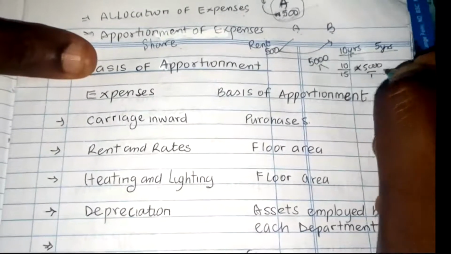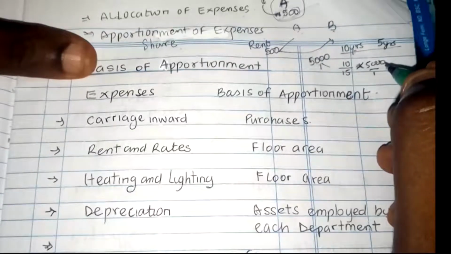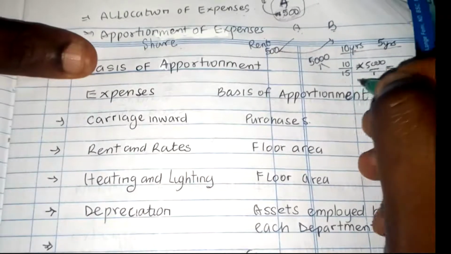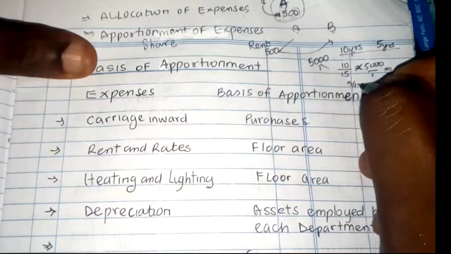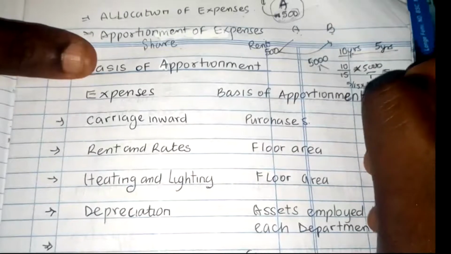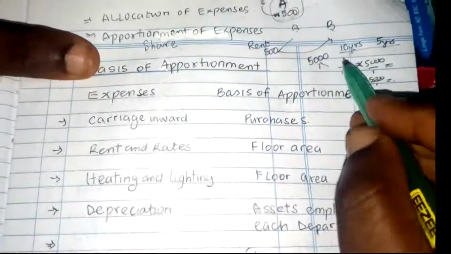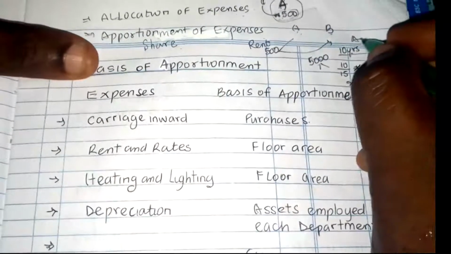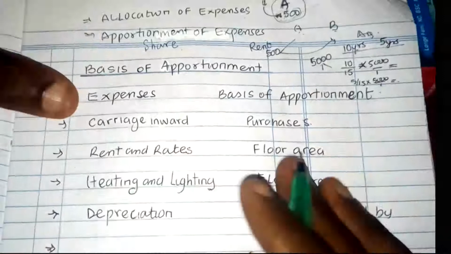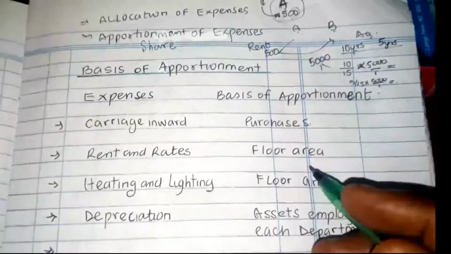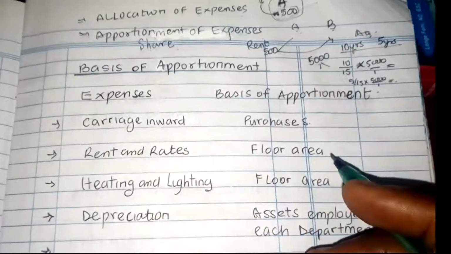Then power, we can use the horsepower to share between A and B. Then salaries and wages, the number of staff employed can be used to share a common expense. That's what we call apportionment of expenses.